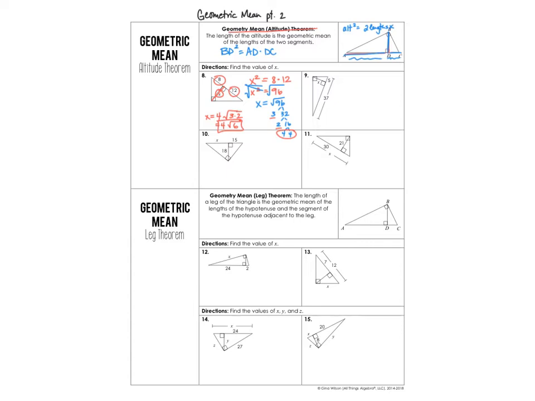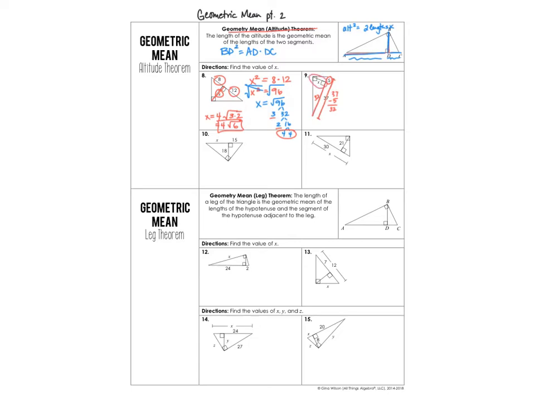All right, number 9. Now this one sets it up just a little differently because it gives us the whole length and then one of the little pieces. So if you know the whole length and you know one of the little pieces, you can find this section by doing 37 minus 5, which is 32. Okay, so here's what that does.